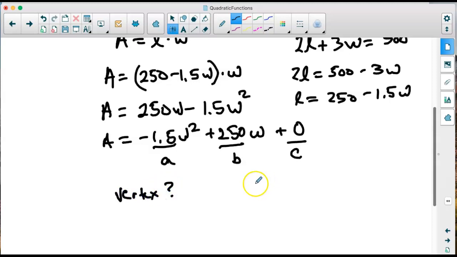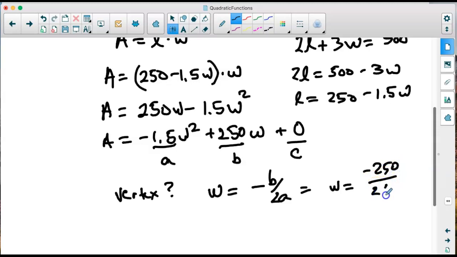Okay, so our vertex is going to be a W value, because that's what we're finding. We're going to do minus B over 2A. Our W value is going to be minus 250 over 2 times negative 1.5. Okay, so that's going to be a positive value.